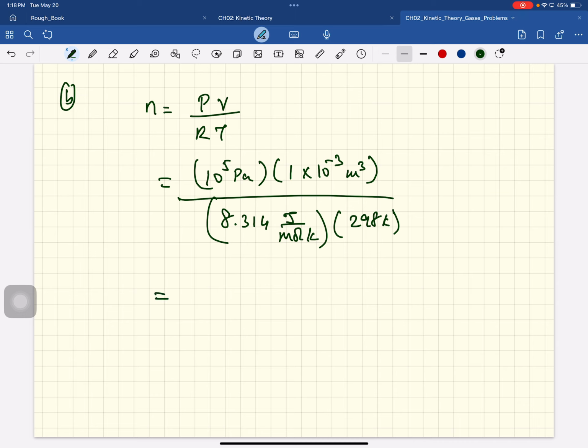So that's how many moles of air you added. Okay, that becomes 100. So that's 100. And moles will come on the top and everything else will cancel. The Kelvin will cancel. This is Newton per meter square and so on. Everything will cancel. Okay, 100 divided by 8.314 times 298.